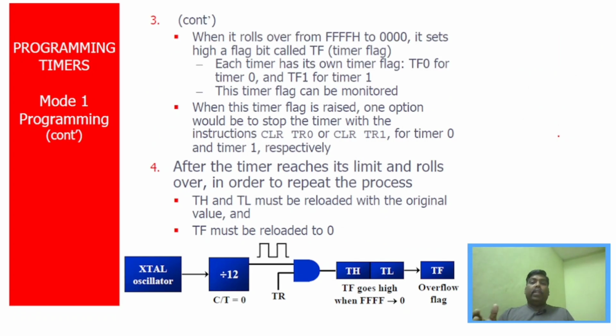Now what happens when the overflow happens? It enables the TF flag, as I said. It can be TF0 or TF1, but in this scenario we are going to use TF0. Once the timer flag is enabled, we have to stop the timer. How will you stop the timer?